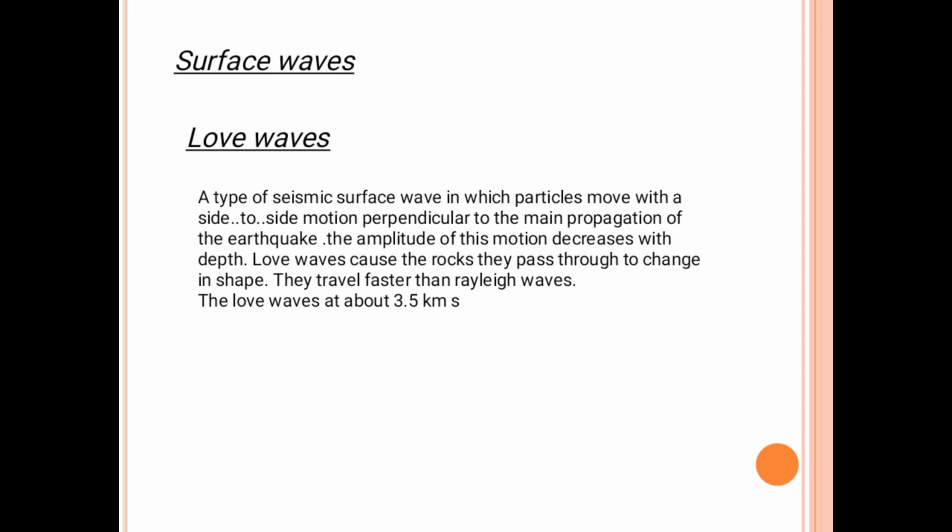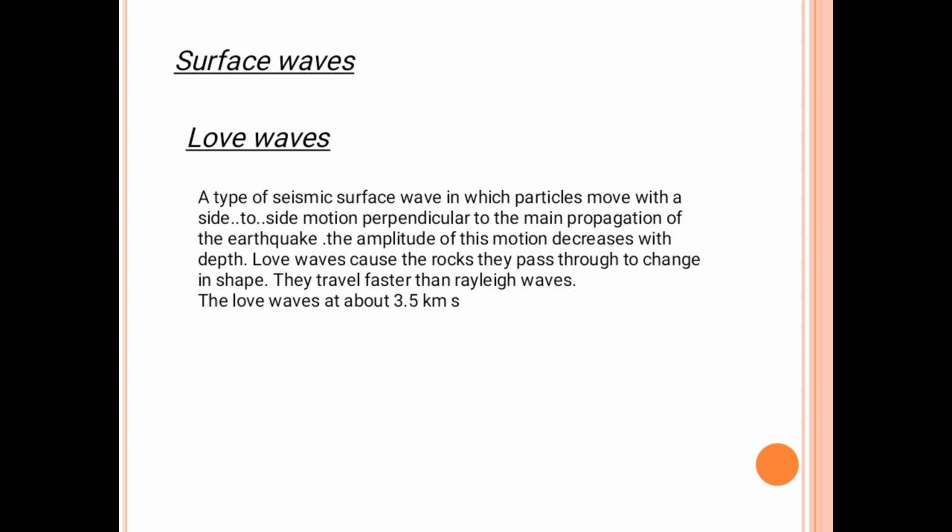Now we discuss Love waves, a type of seismic surface wave in which particles move with a side-to-side motion perpendicular to the main propagation of the earthquake. The amplitude of this motion decreases with depth. Love waves cause the rock they pass through to change in shape. They travel faster than Rayleigh waves, at about 3.5 km per second.